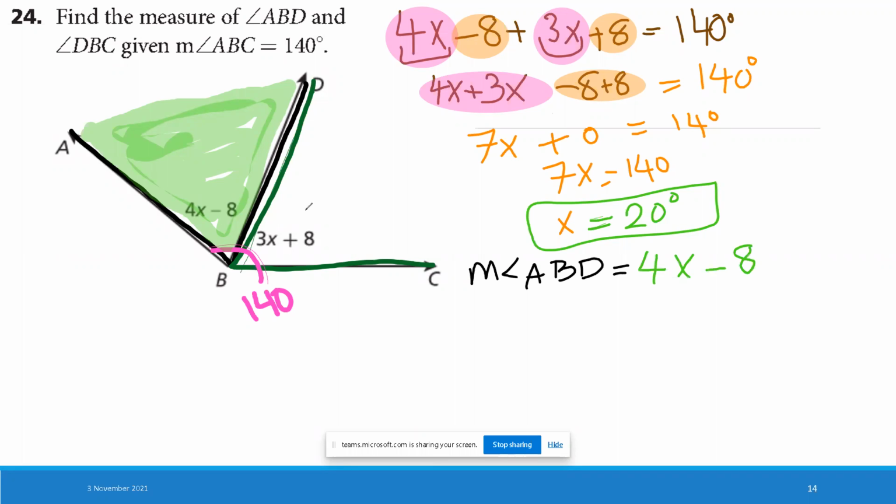Then next, what do you have to do? I told you in algebra, after you find x, what do you have to do? No, you have to do something with x.